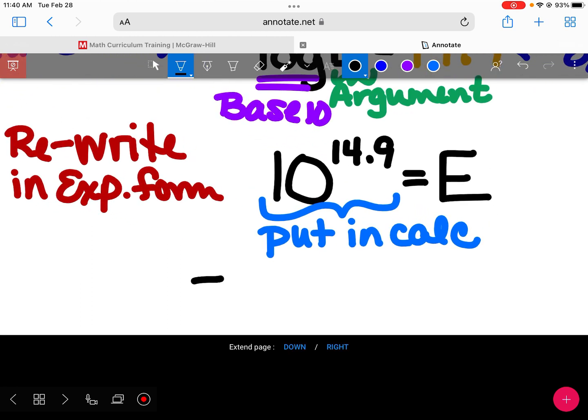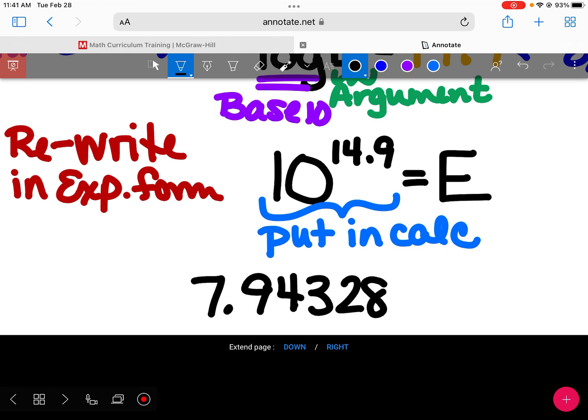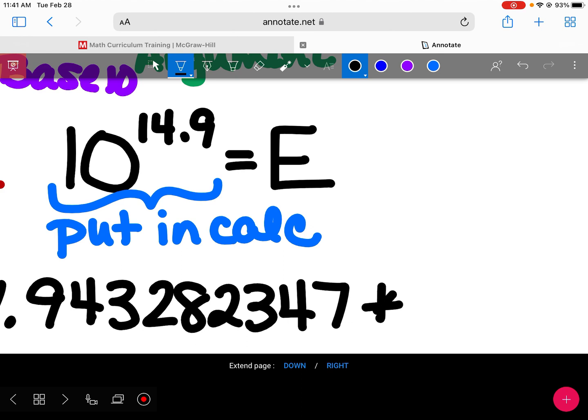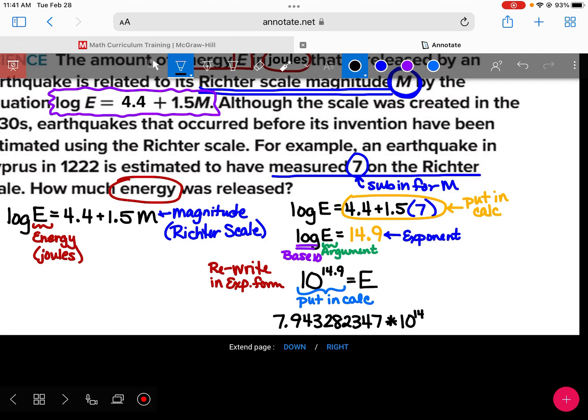I got 7.943282347, and then it has this weird star and 10 to the 14. We don't need to write all that, but we do need to figure out the parts that we should write.